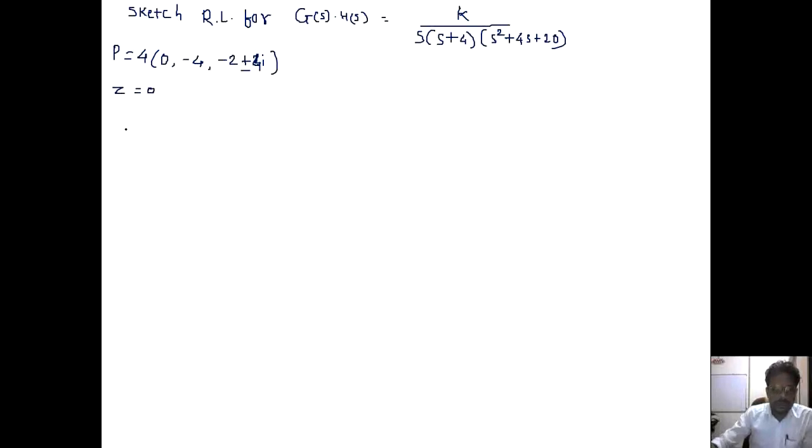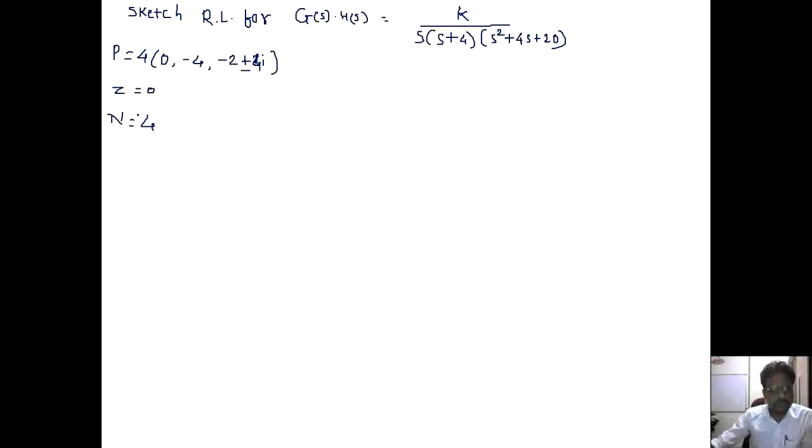Now the number of branches of root locus will be denoted by n. The number of root locus branches will be the maximum number among poles and zeros. The bigger is 4, so the number of root locus branches will be 4.